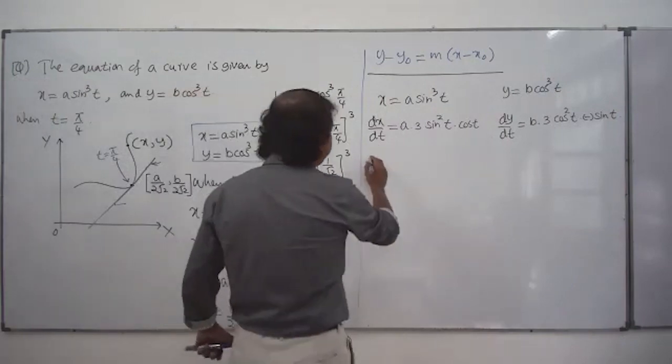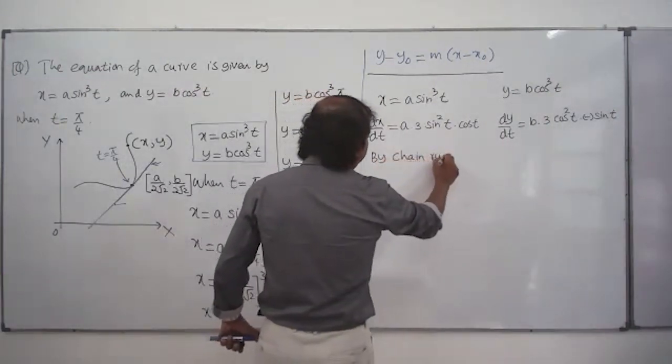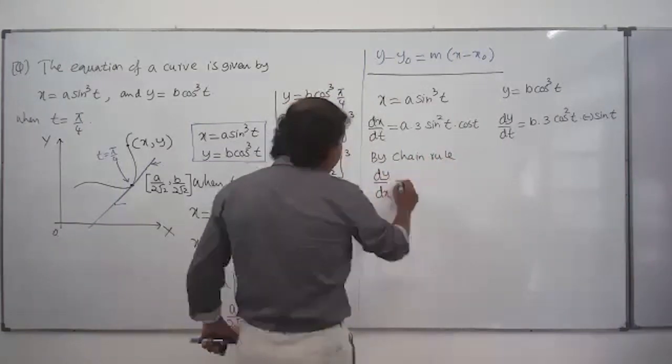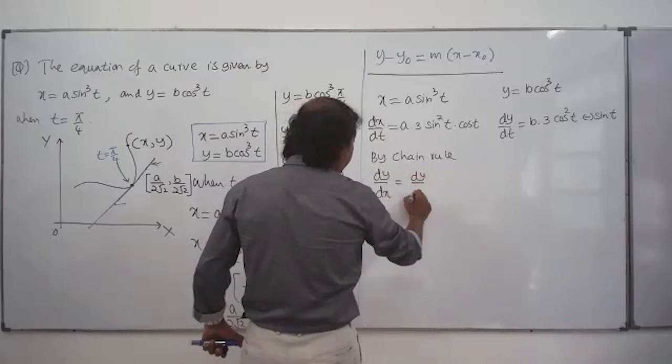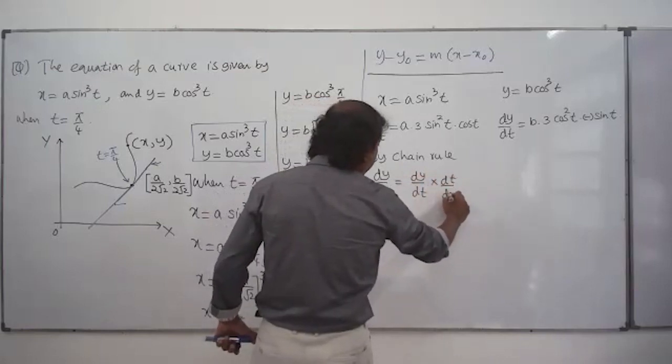By chain rule, you can write dy by dx is equal to dy by dt multiplied by dt by dx.